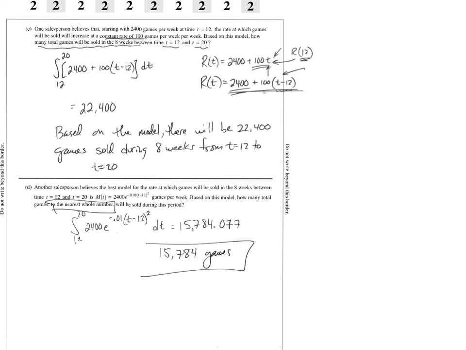And again, based on this model, there will be approximately 15,784 games sold during the 8 weeks from t equals 12 to t equals 20.